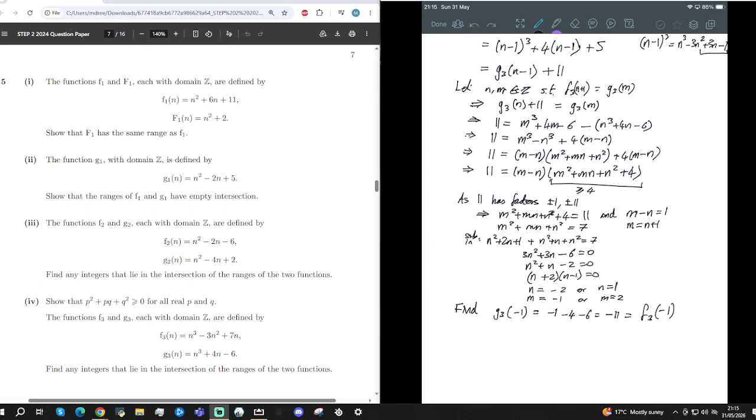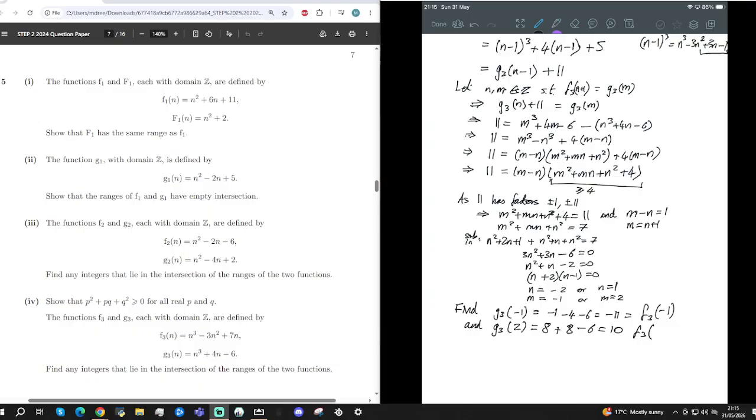So negative 11 is in both ranges, and if I do g3 of the other solution, g3 of 2, that's 2 cubed plus 4 times 2 minus 6, which gives me 10.